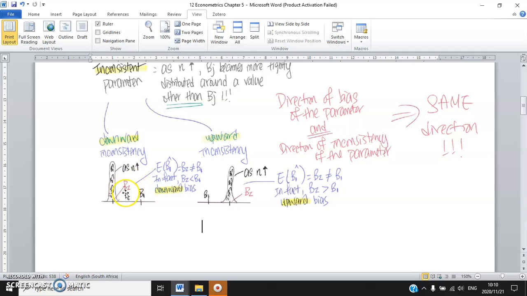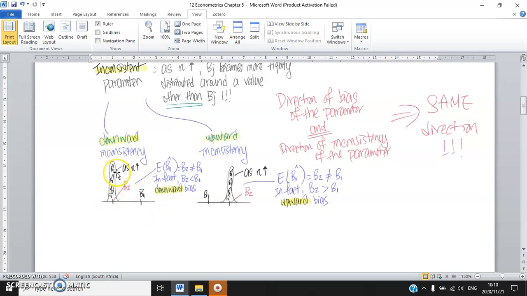Then I end up estimating the slope parameter as BC instead of B1. So it means downward bias in the slope parameter. And even if I increase the sample size, as small n increases, my sample regression parameters would only converge to BC instead of B1.